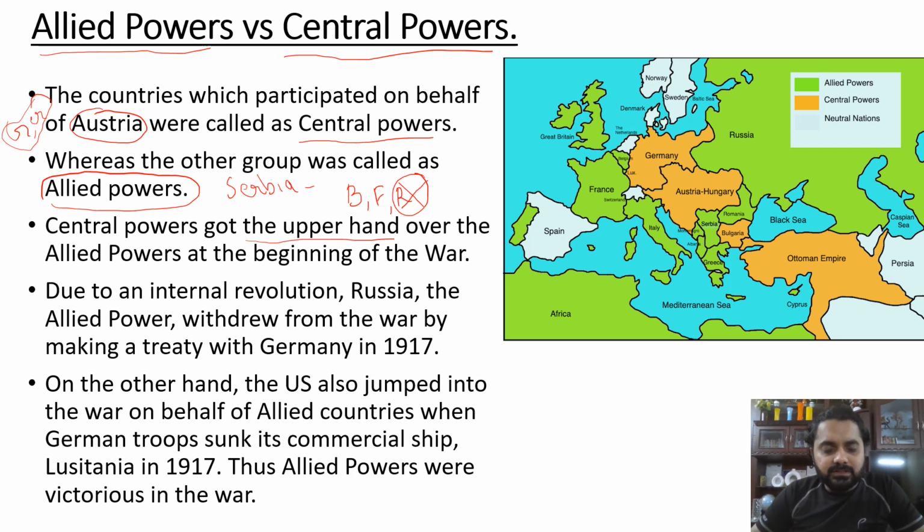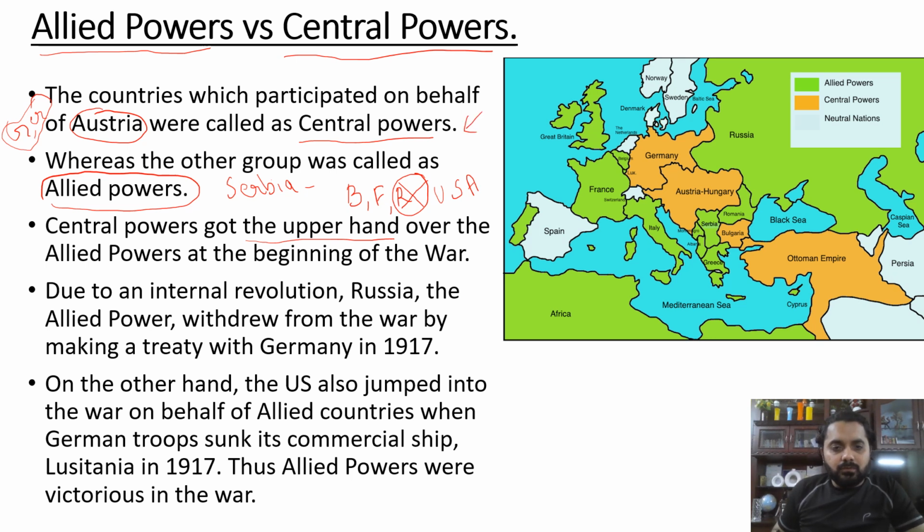So after Russia withdrew from the war, the USA immediately jumps into the war. Okay, the USA immediately jumps into the war and gives its support to the elite powers. Now you might be thinking, why did the USA join the elite powers and why did it want to fight against the central powers? So there is a reason here.